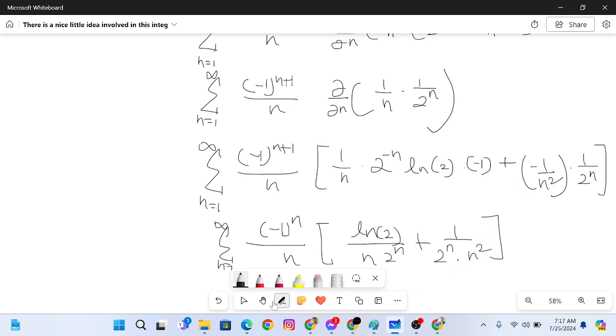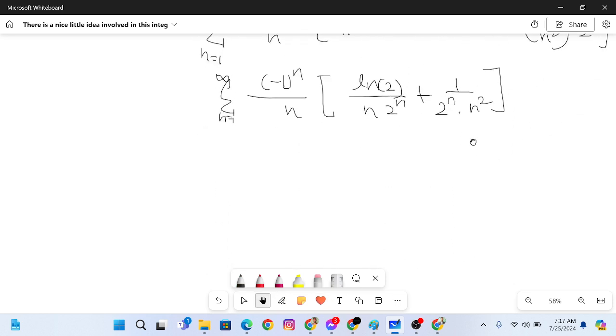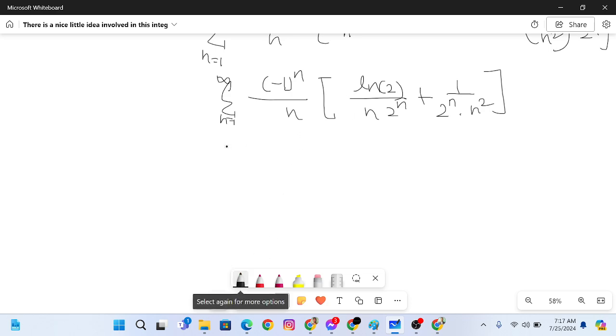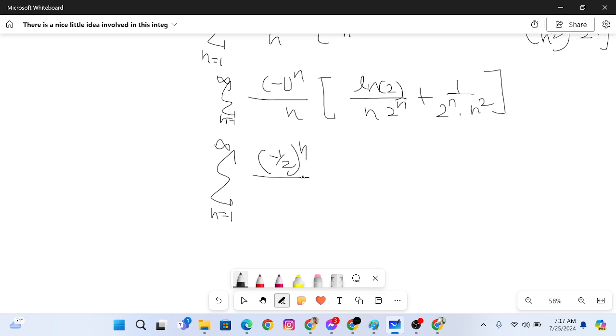Now let us try to write it together. The sum from n equals 1 to infinity, now this thing over here will be (-1/2)^n / n² and then ln 2, plus the sum from n equals 1 to infinity, now this will just be (-1/2)^n / n³.